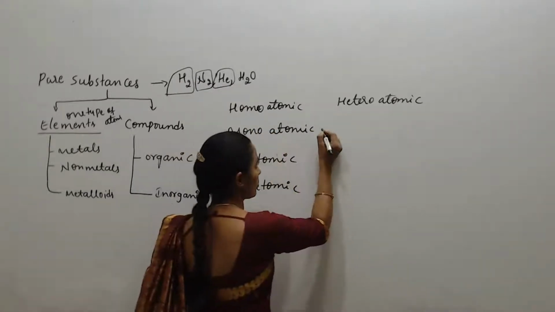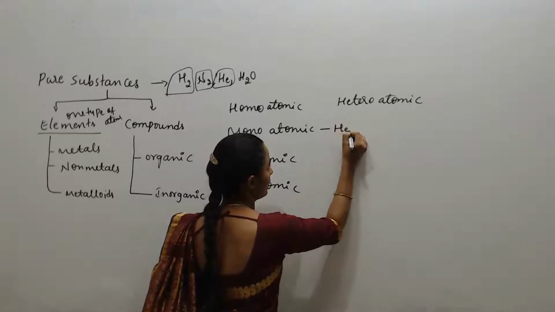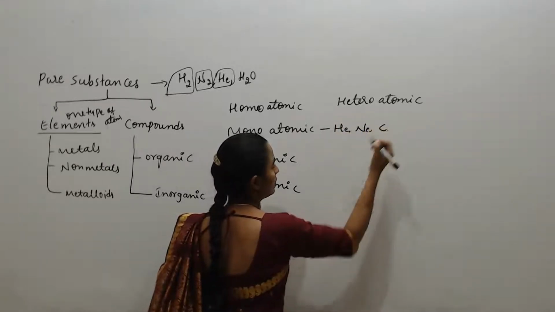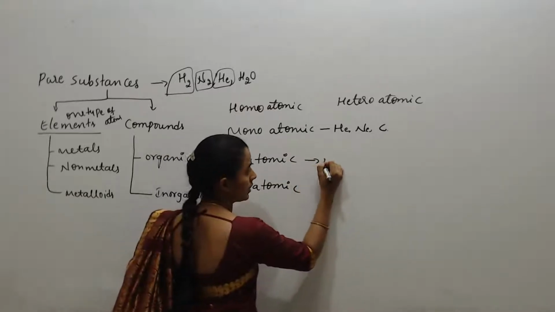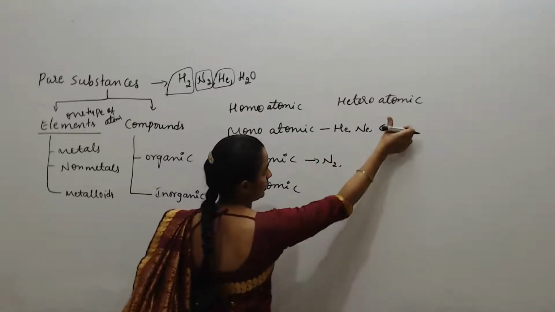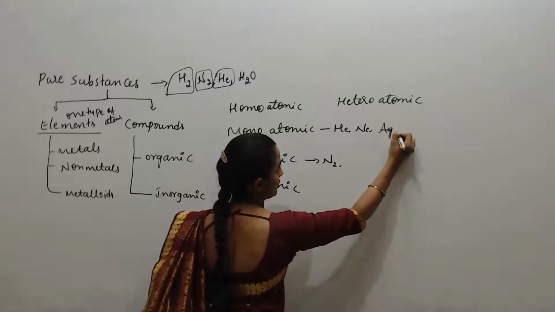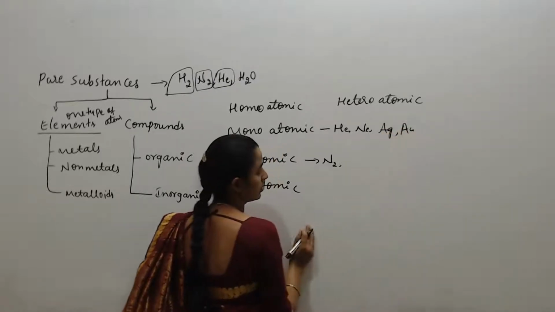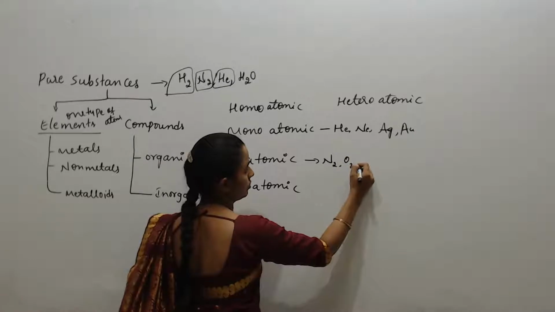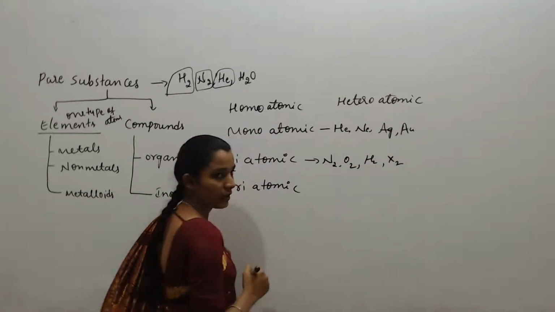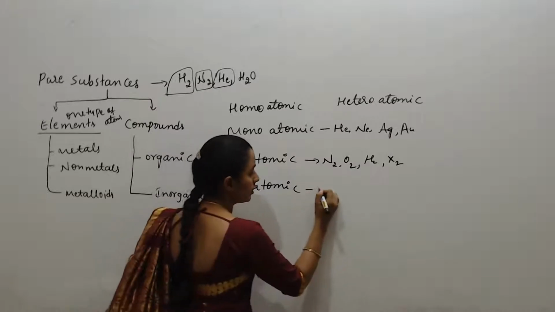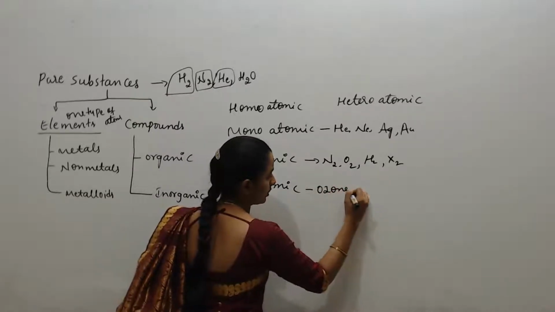Example for the students, homoatomic, helium, neon, carbon, etc. Diatomic means N2, here am I right? Silver, gold. So this is N2, O2, H2, X2. X2 means halogens. For triatomic, ozone.